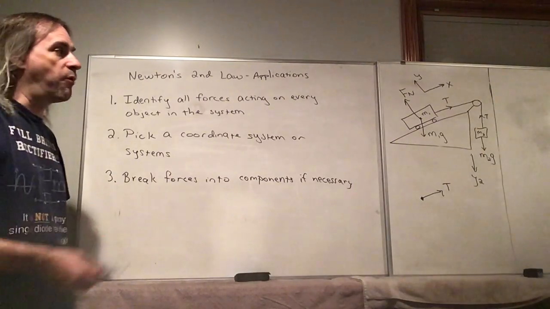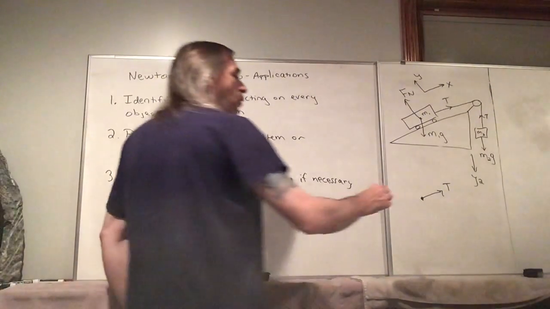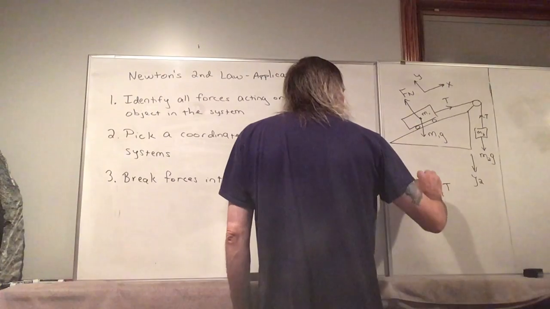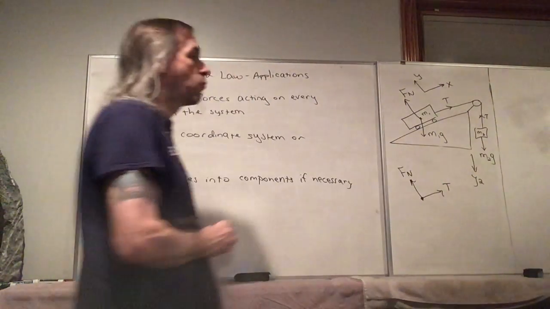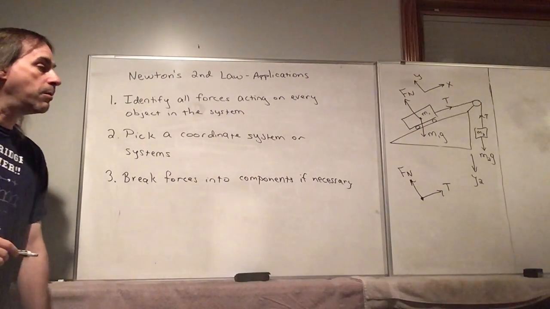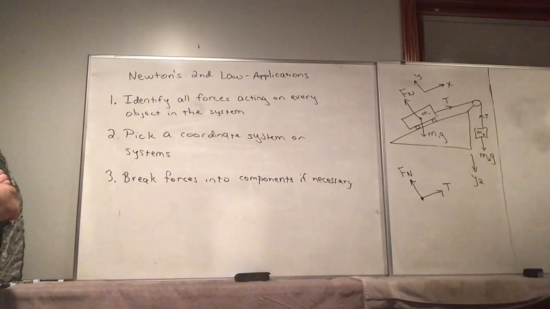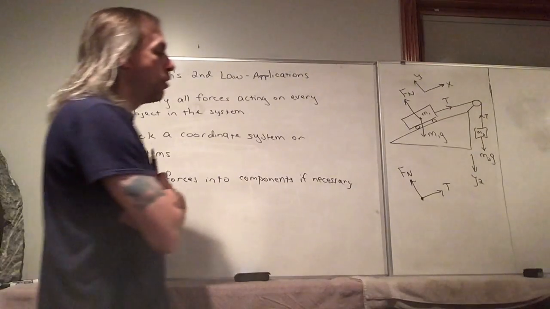How about the normal force? Normal force is in the y direction. So again, we're fine. We have no problem with either of those forces, but gravity is not in the x or the y direction. So gravity has to be broken into components.